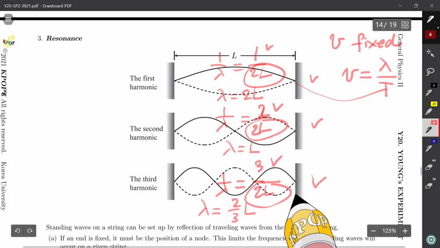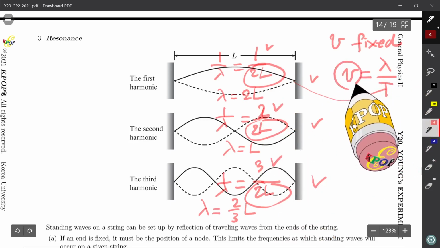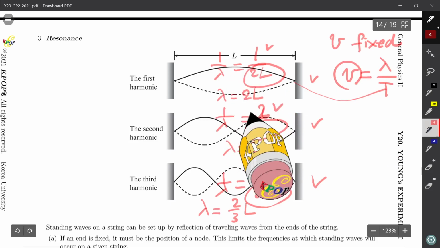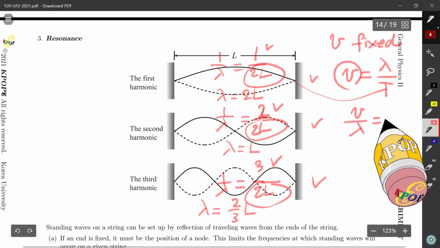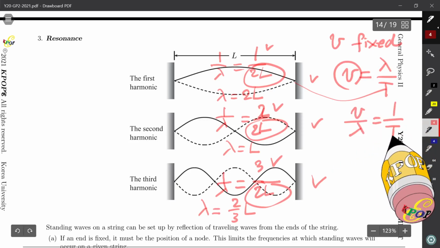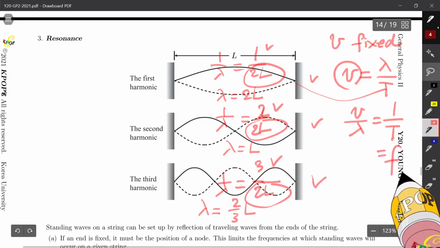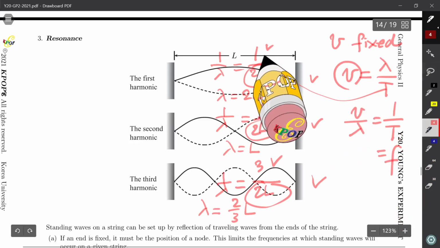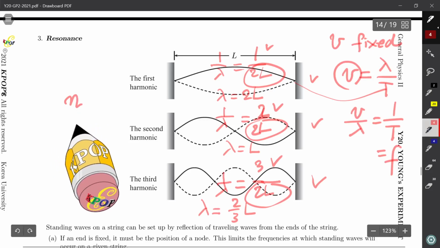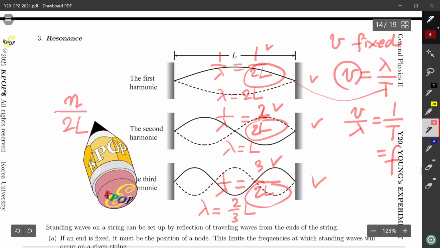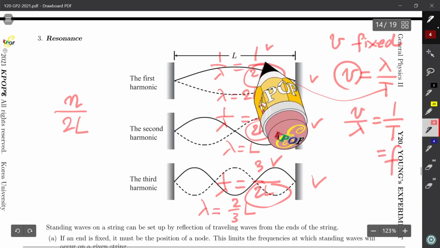Anyway, because of this, and velocity is fixed, wavelength depends, so V over lambda is 1 over period, that is a frequency. So frequency is proportional to this integer, with some integer multiplied by 2L. So frequency is proportional to this integer.